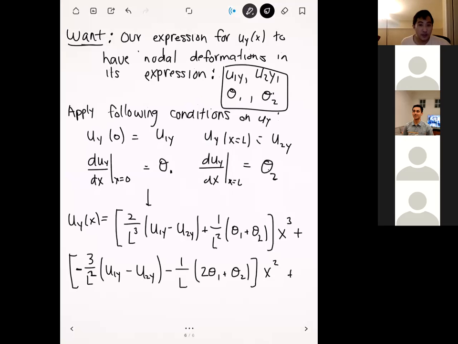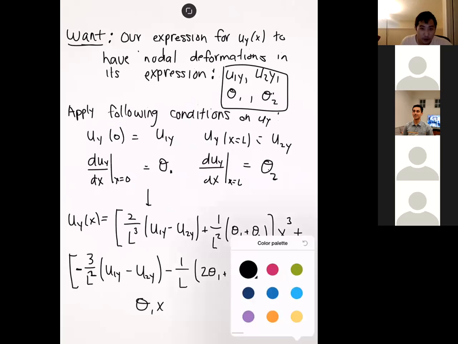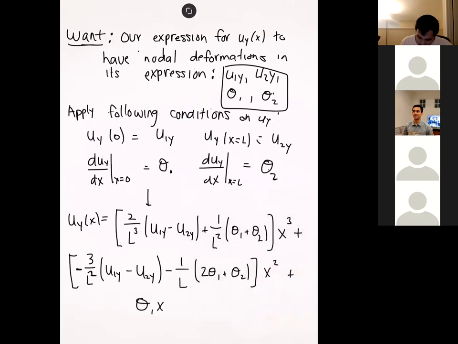Okay. And so that's the second coefficient, for the x squared term. Okay. And then finally, we're going to have theta 1 times x. Okay. So thankfully, that's a short term. And then the last term is also very short, too. This would be u1y.